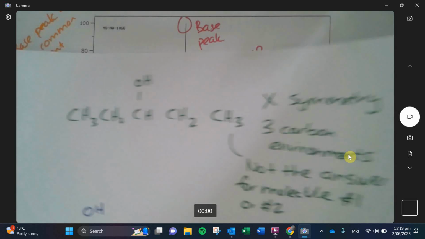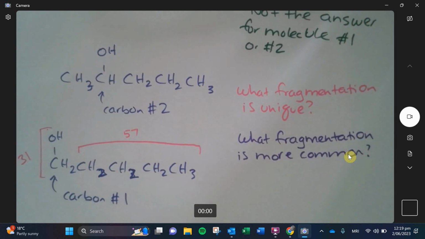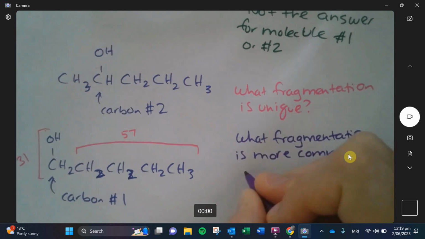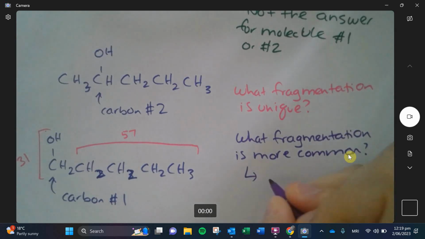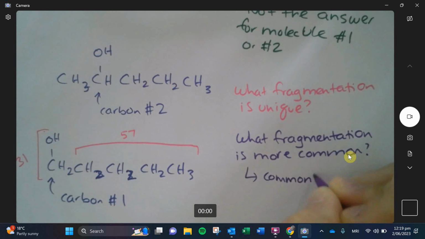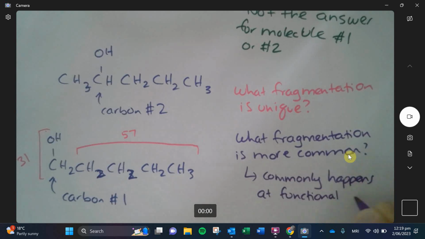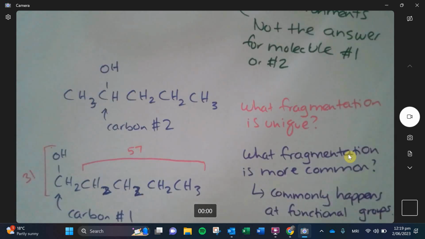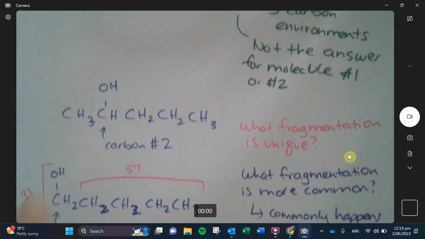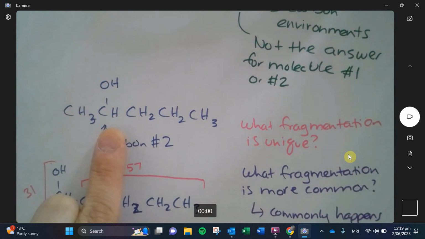The other thing to ask yourself is what fragments are more common. So when we think about our fragmentation process, it commonly happens at the functional group. That's where the molecule is least stable. So for example, if I was looking at this guy up here, it would probably break somewhere with the OH.